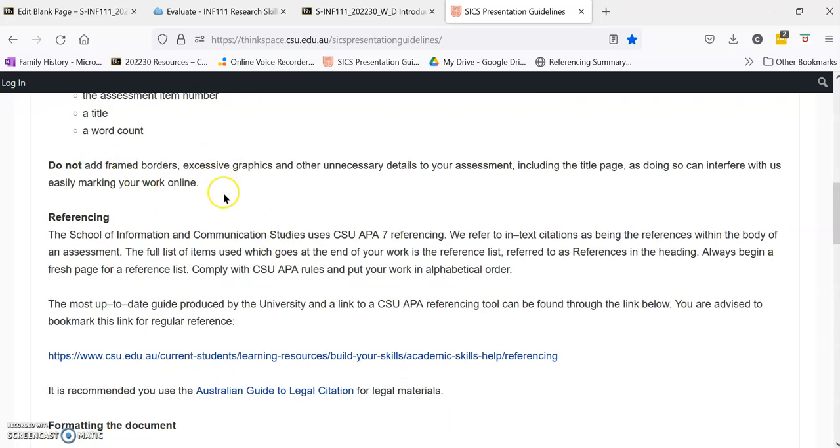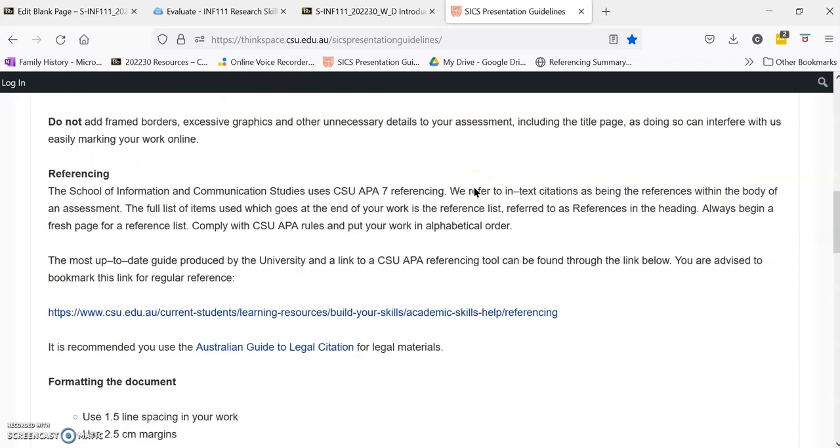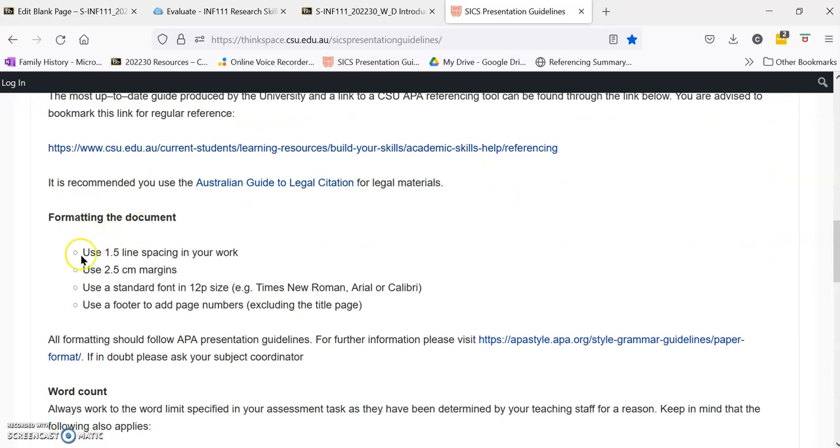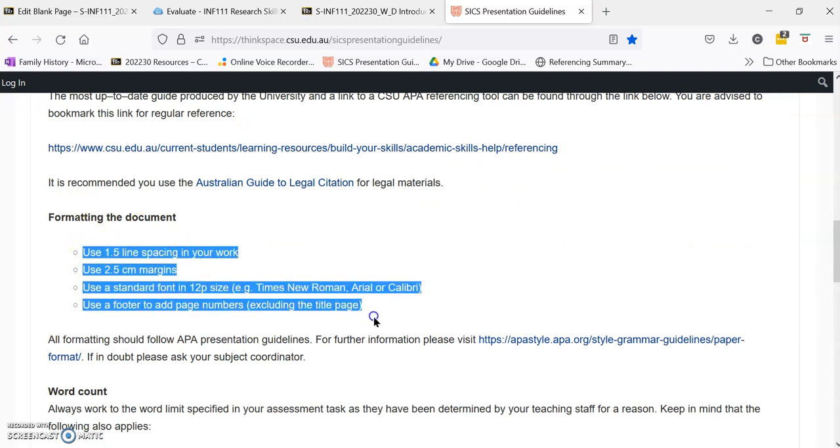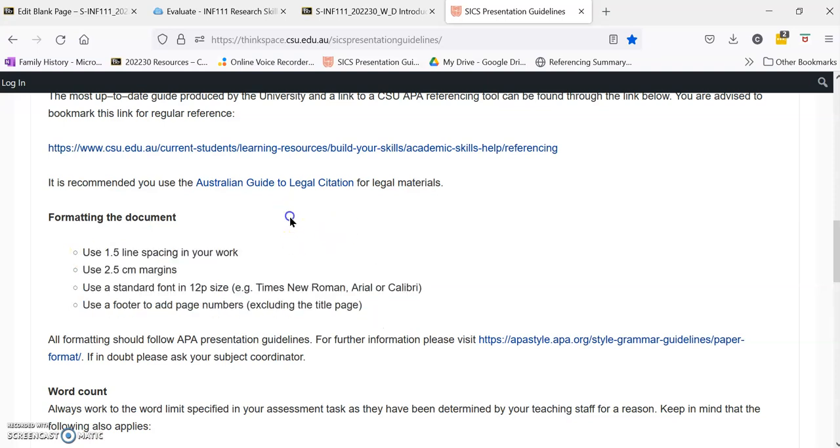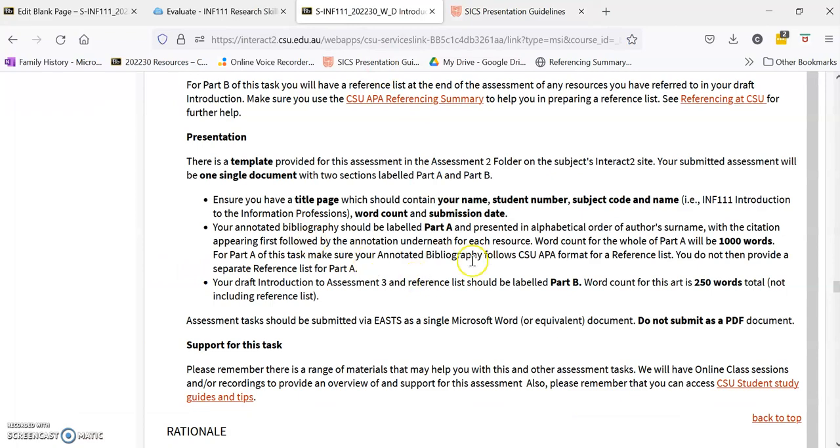Okay, so not adding things like borders and unnecessary extras to your assessment. That's really not important. This part, some of you in Assessment 1 didn't do these things. Okay, so please try and format your document properly. And don't forget to use the APA presentation proper style for your references. All right, let's go back.